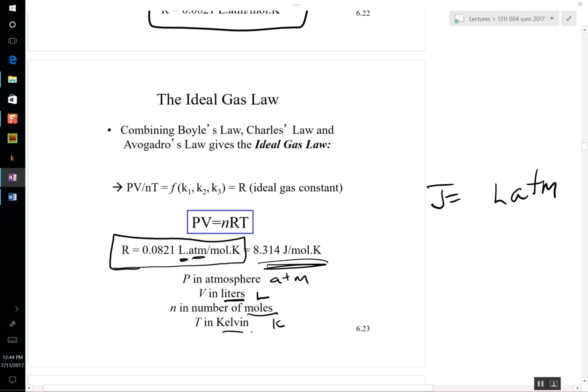So before you can plug numbers in, data, whatever it is you're given, you got to make sure you have it in those units, because this constant is in those units. Not going to work with milliliters. It's not going to work with degrees centigrade. Or it's not going to work with grams of gas. Not grams, it's moles.